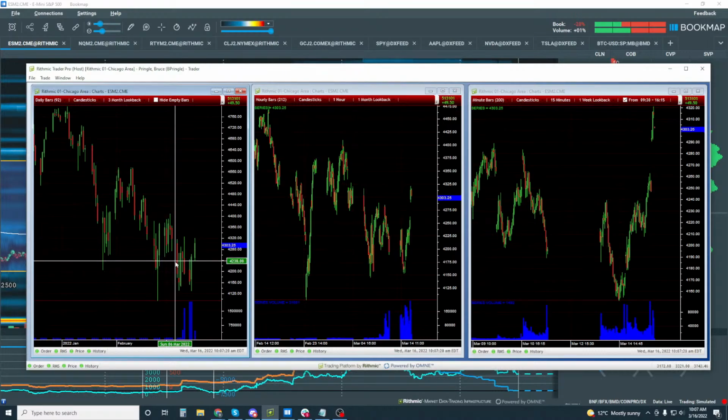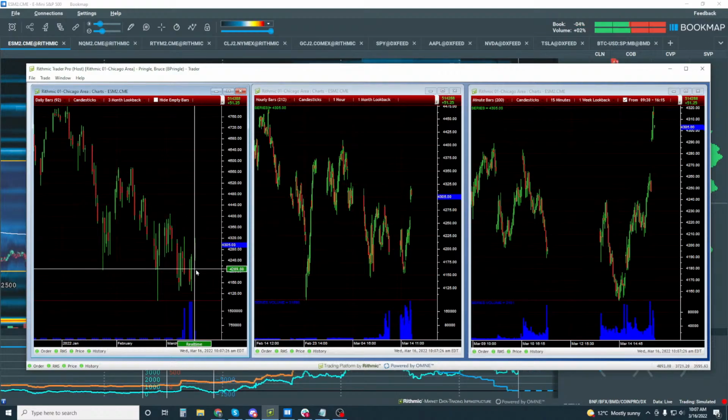We were looking for a test up into this kind of 36-ish area, I recall. We had the momentum here, and we got the follow through. Nice move here. We are still in a downtrend.